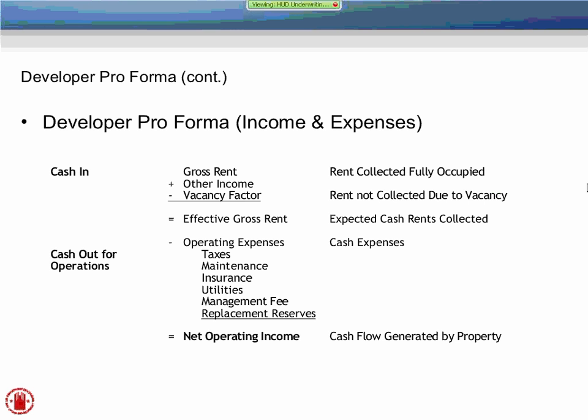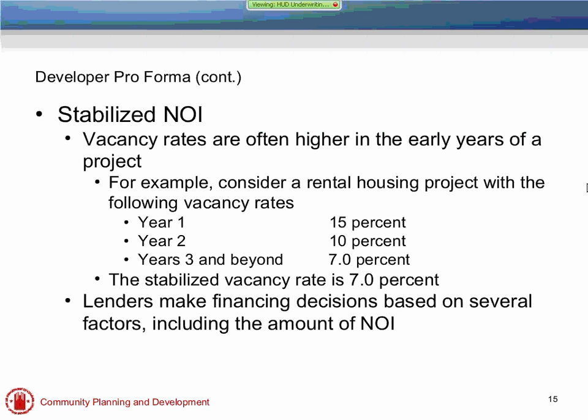So let's take a look at this bottom number. The net operating income is a very key number. And what we're going to look at today is the stabilized NOI. So vacancy rates typically in the early years of a project, especially during the lease-up period, are going to be higher.